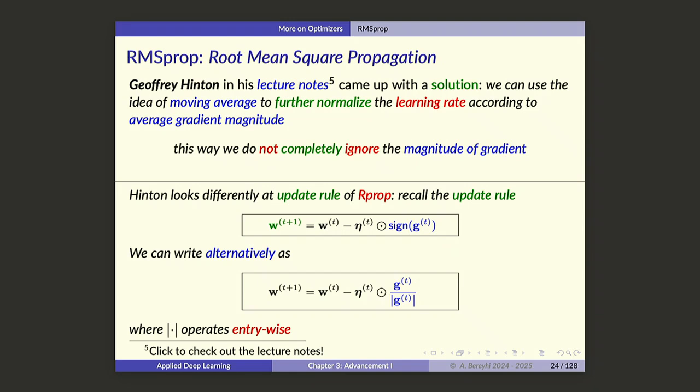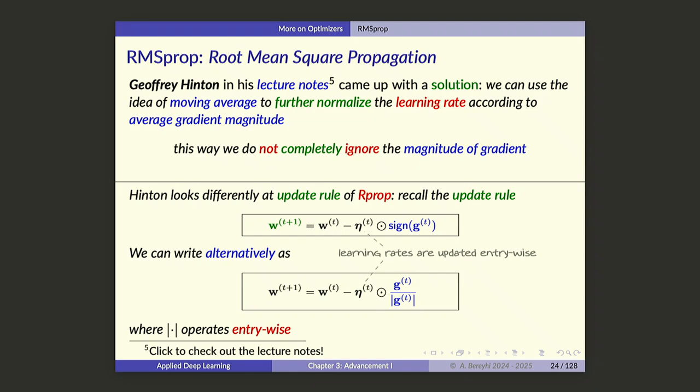Okay? So first of all, the learning rates here, you see that I am writing it down in the form of a vector, because the learning rate is now specific for every single dimension, right? So you don't get confused. This is just the vector that you just updated with R prop. Everybody's clear?